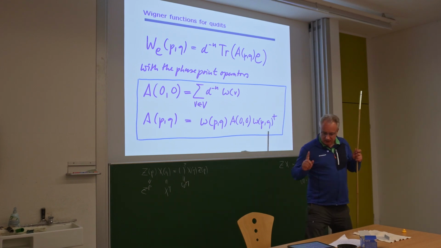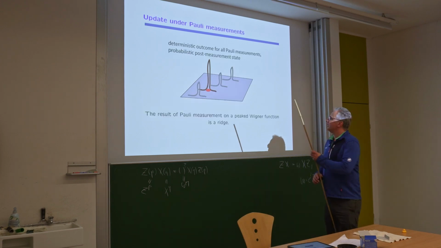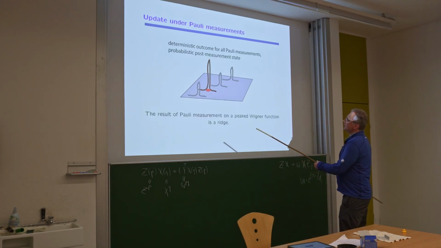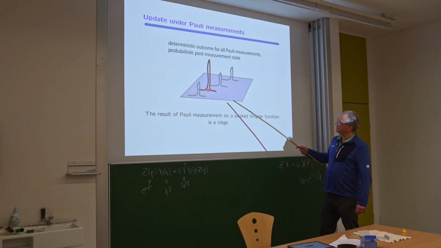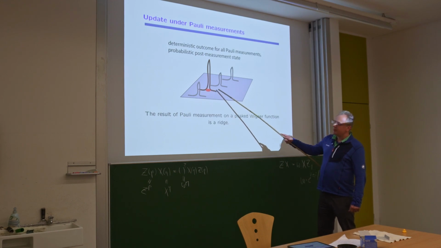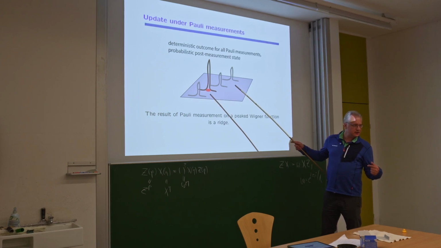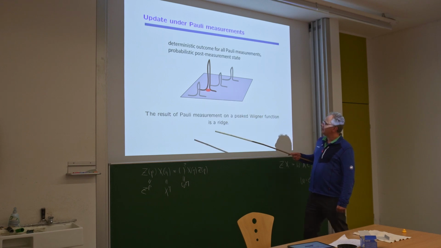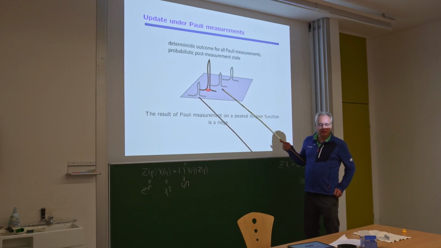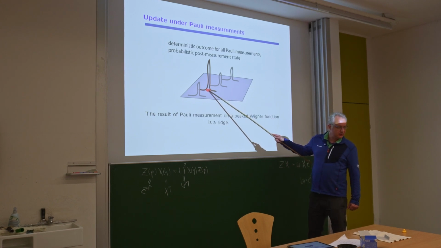Okay, and so now remember our situation at hand. Take this particular Wigner function, and conjugate it by a Pauli operator. We have just seen that this does a translation, a translation in some direction in phase space. And so now do this with the Pauli operator you have just measured.